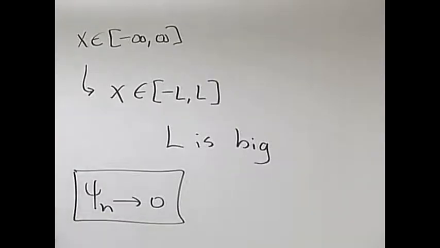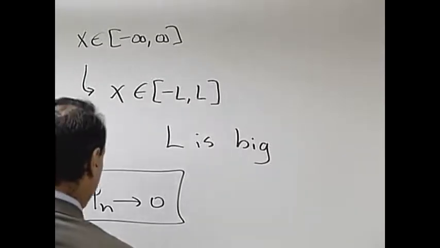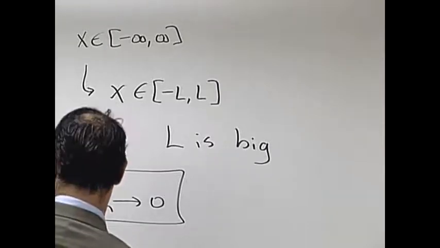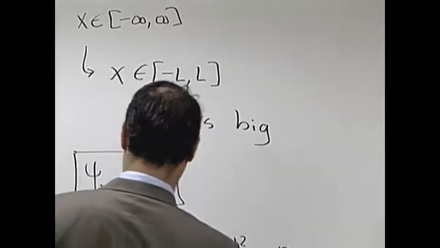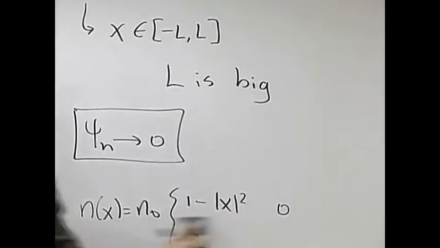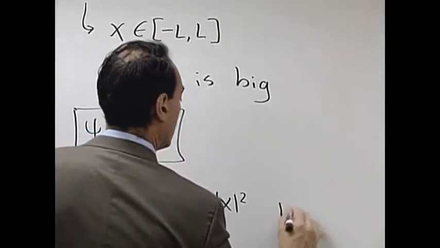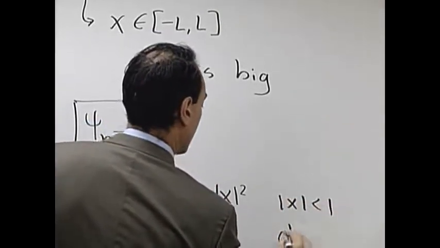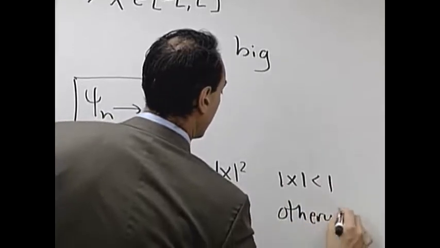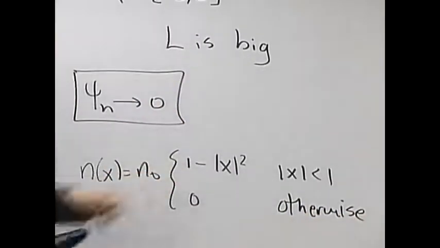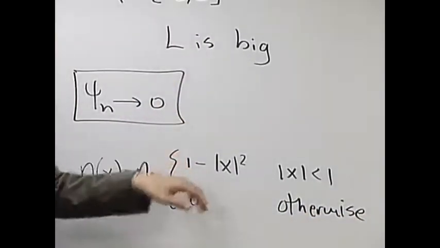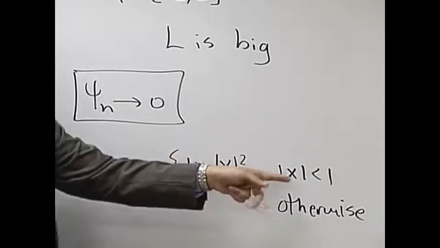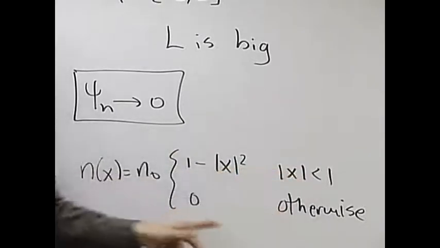In fact, what I'm going to do is look at n of x to be a very specific form. So it's like a little upside down parabola when |x| is less than 1, and 0 otherwise.